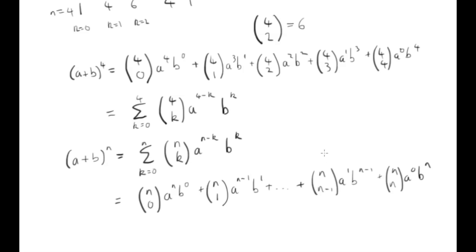Okay, and this is what's known as the binomial theorem. Very, very useful, it allows us to multiply out brackets with two terms to a power.